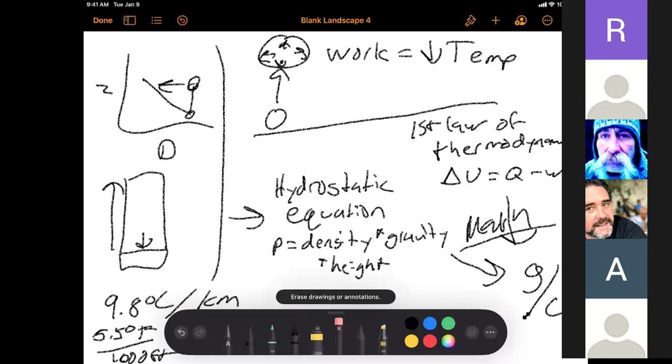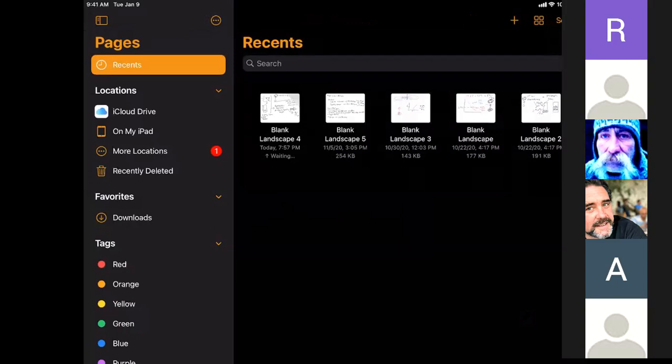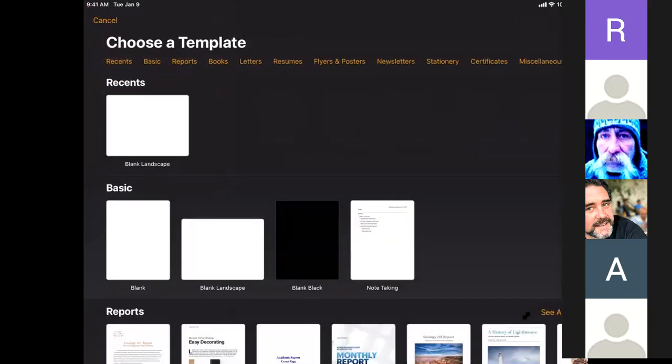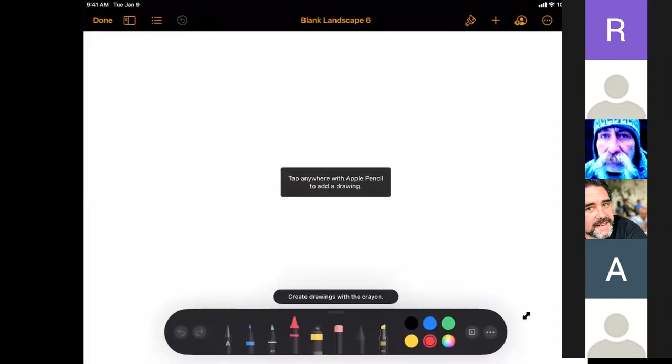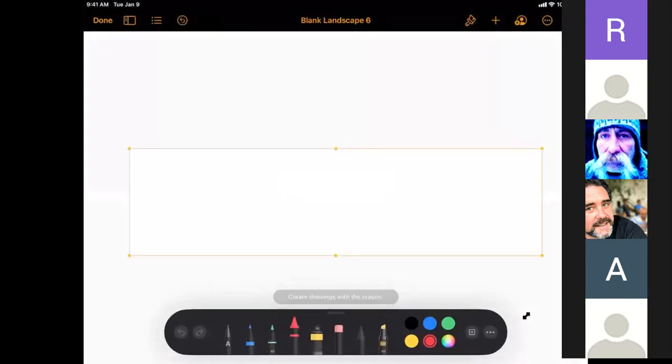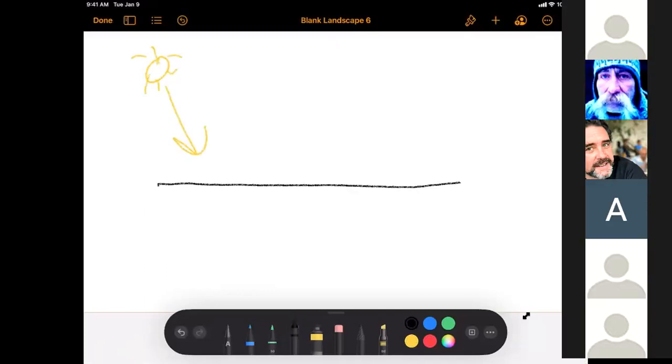Once again, I'm just going to start a new page. So again, we have our sun up here, which shoots a bunch of photons down at the surface.